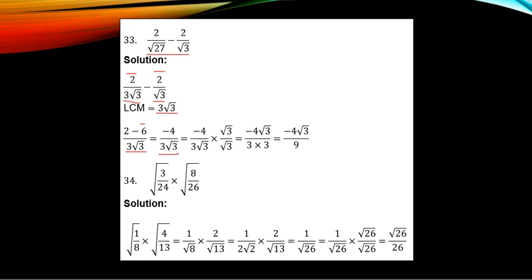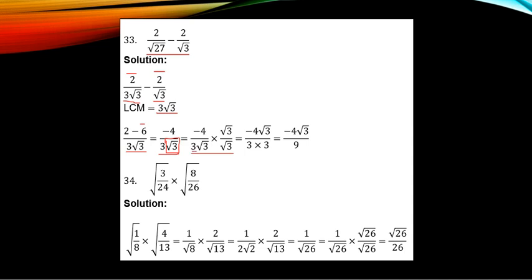We have an irrational number in the denominator that must be turned to a rational number. To achieve that, you use root 3 to multiply both numerator and denominator in this form. So minus 4 times root 3, you have minus 4 root 3.